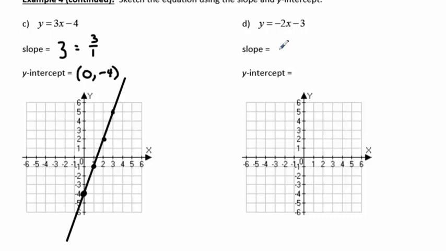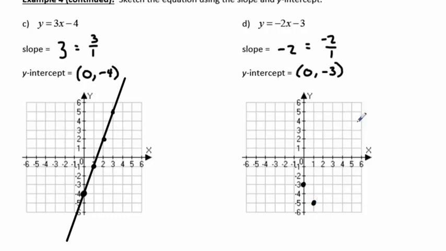In part D, y equals negative 2x minus 3. The slope is negative 2, and the y-intercept is 0, negative 3. To graph this, we start with the y-intercept at 0, negative 3, and we use our slope again. The slope is negative 2, which is the same as negative 2 over 1. So from the point we start at, down 2 over 1.